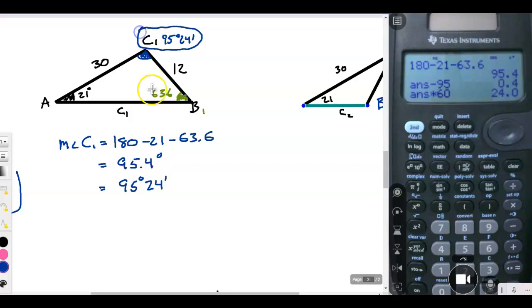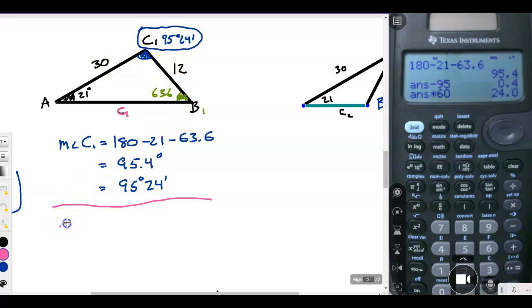Now I have to find C1, which I can use law of sines or law of cosines if I wanted to, but law of sines is a little faster, so I'm going to do that. I'm going to use my given A's here. Those are more exact than my approximated 63.6.